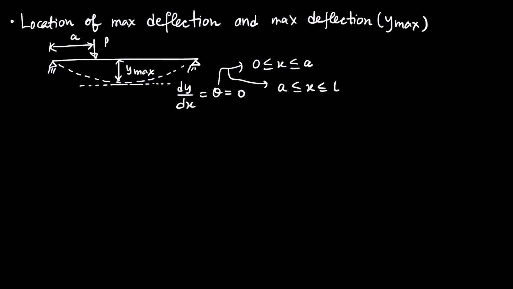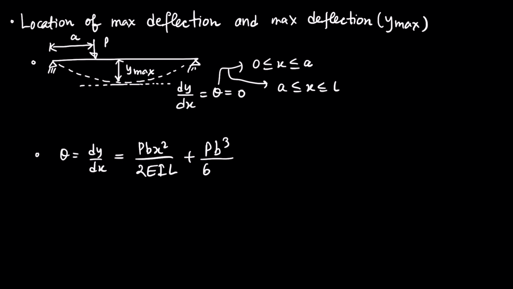So we know that theta is dy by dx is equal to PBx square upon 2EIL plus C1, and C1 is PBb square upon 6EIL minus PBL upon 6EI. Now we have to put this value equal to 0.